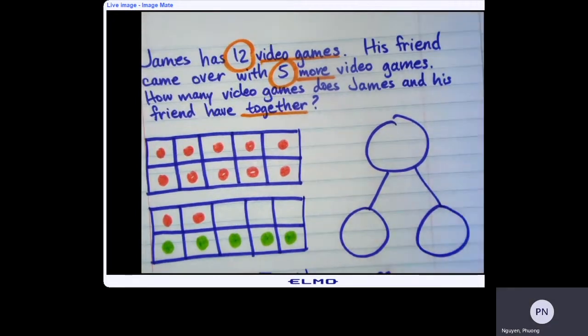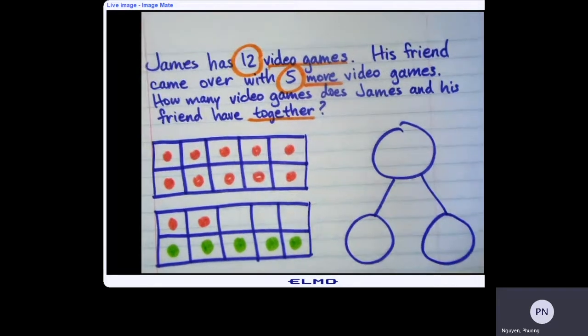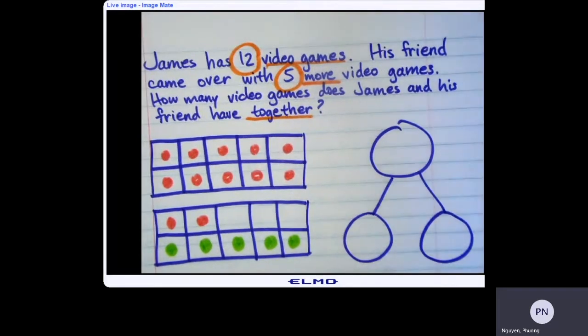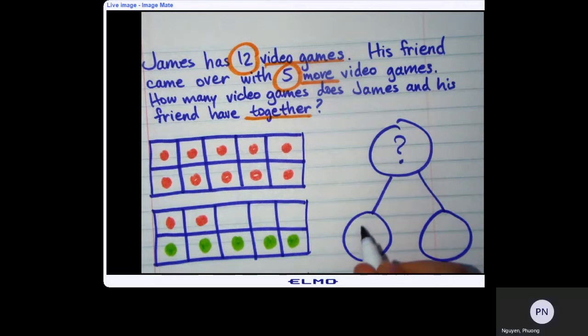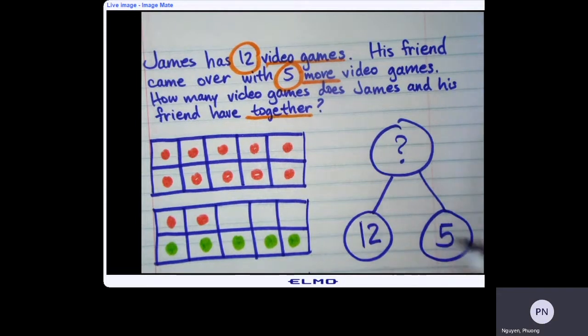This is a number bond. So we're trying to find the total amount. So this would be the unknown. We don't know what the total is, but we know there's 12 here and there's 5 here. And I could write the number, or I could also draw dots, and that would look like 1, 2, 3, 4, 5.